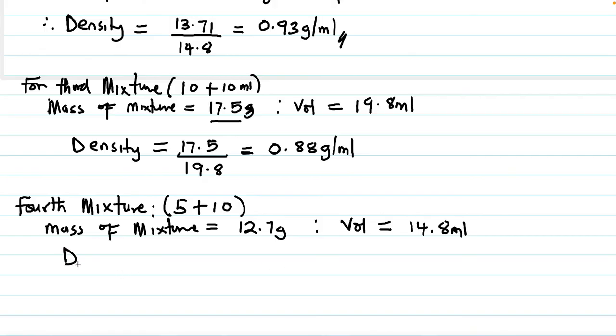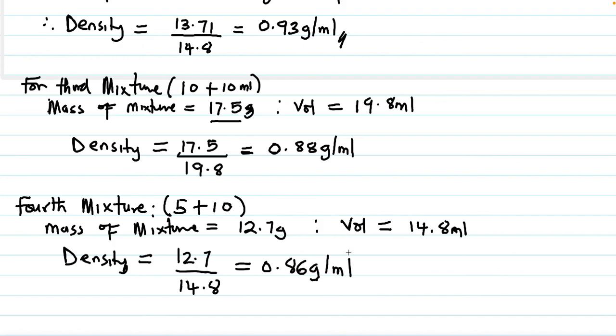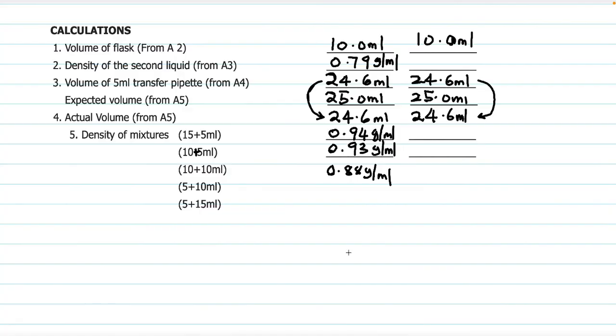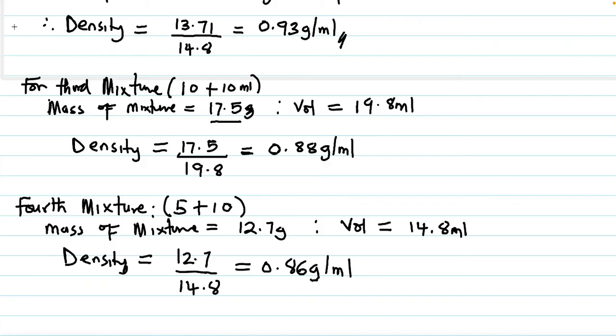So density equals mass over volume, which is 12.7 divided by 14.8. This is 0.86 gram per mil. How are we going to write that? We come down here, 0.86 gram per mil.